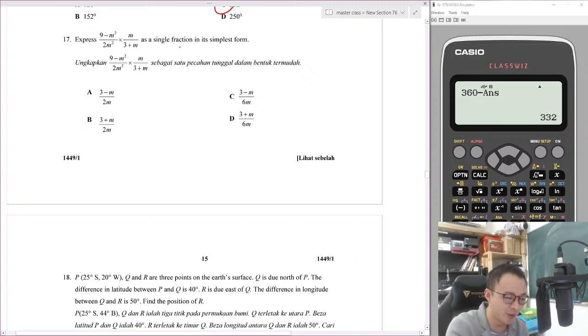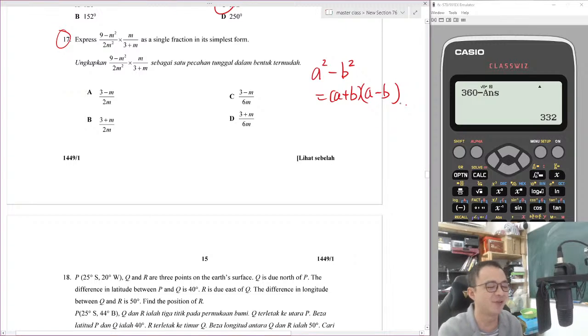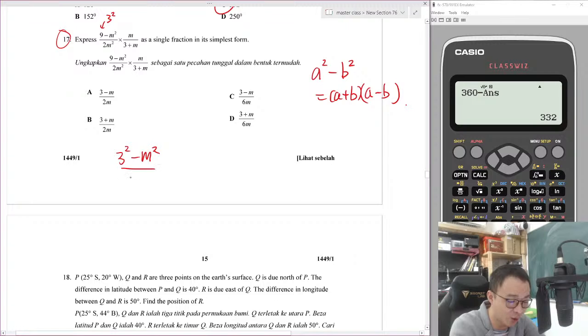Okay, whenever I do this topic, remember one formula: a squared minus b squared gives you a plus b, a minus b. They love this formula in this topic. So 9 is basically a perfect square number, it's 3 squared. So it's 3 squared minus m squared over 2m squared, multiplied by m over 3 plus m.